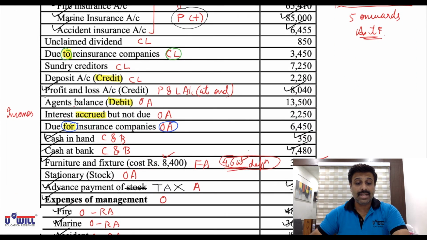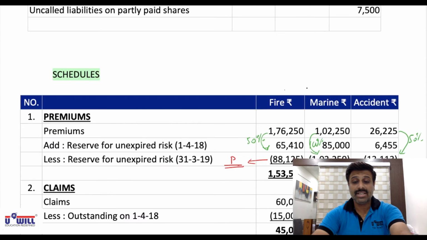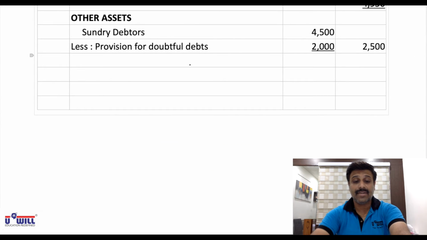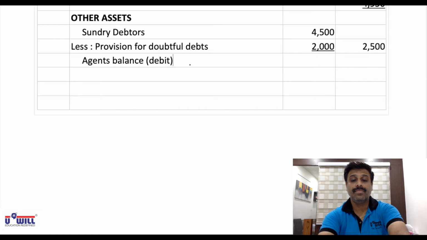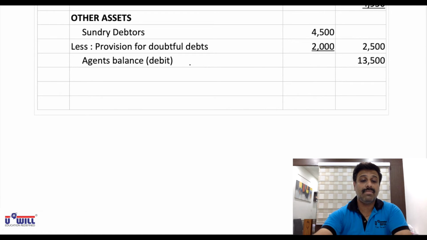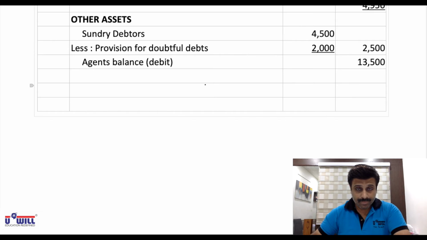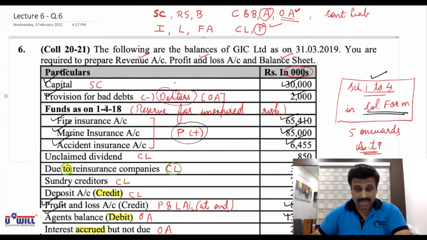Then after sundry debtors, which other item is marked as OA? Agents balance. Okay, agents balance debit amount 13,500. Then after agents balance debit amount, what other item is marked as OA?